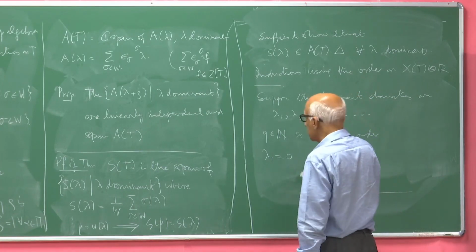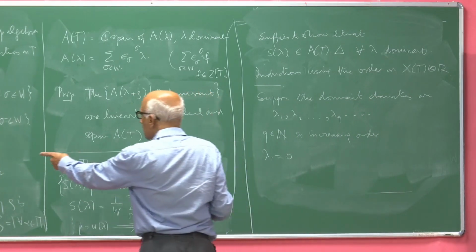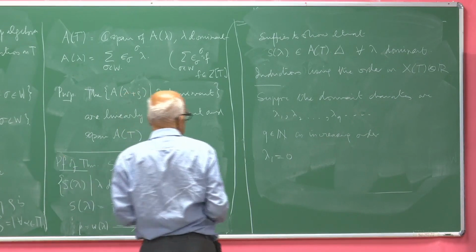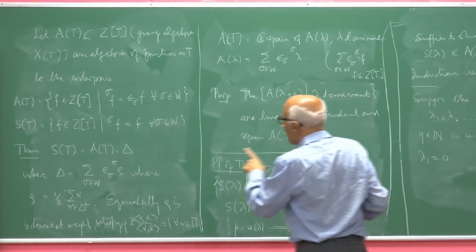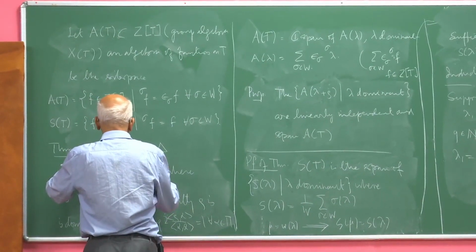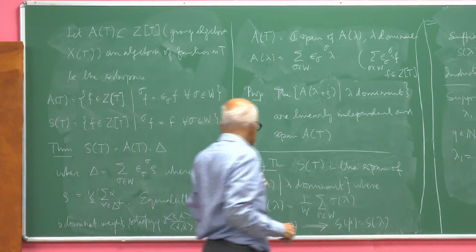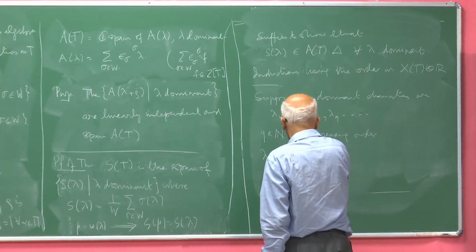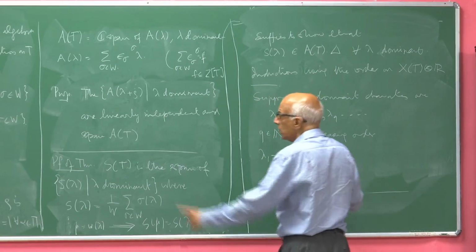And then if you look at AT divided by delta, when lambda 1 equals 0, what you have to prove is that the character is the trivial character, the constant function 1.